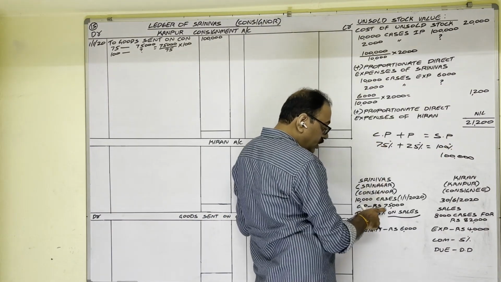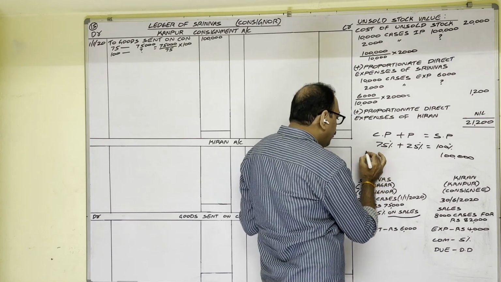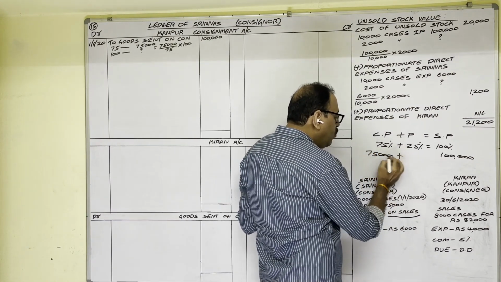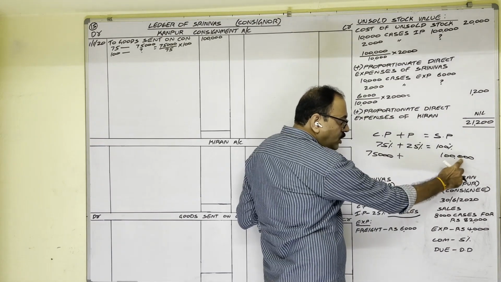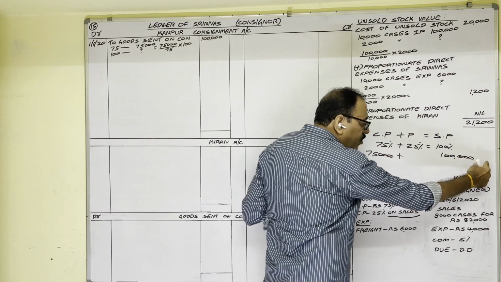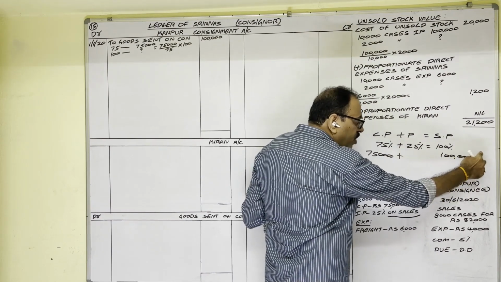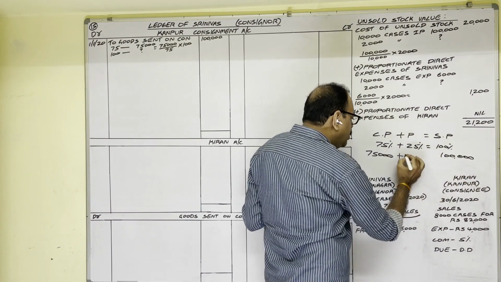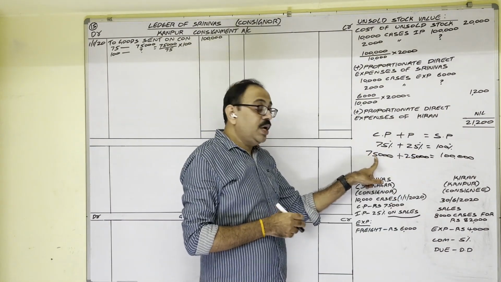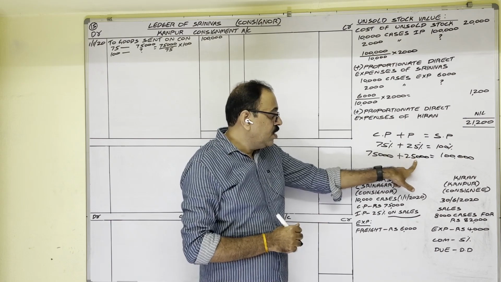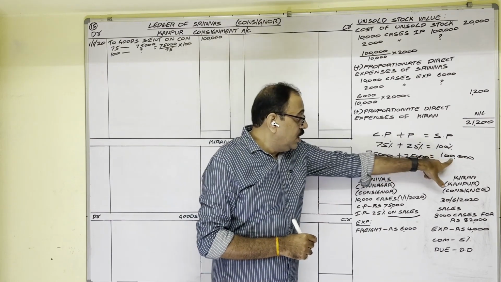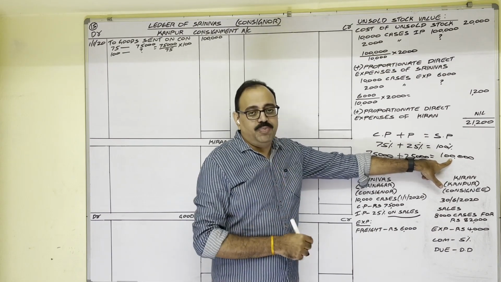The cost price is given in the question, 75,000 rupees. Then the invoice price is on sale price 25% now. So 25% on 1 lakh means 1 lakh into 25 by 100 becomes 25,000. So cost price is 75,000, profit 25,000, invoice price is 1 lakh rupees.